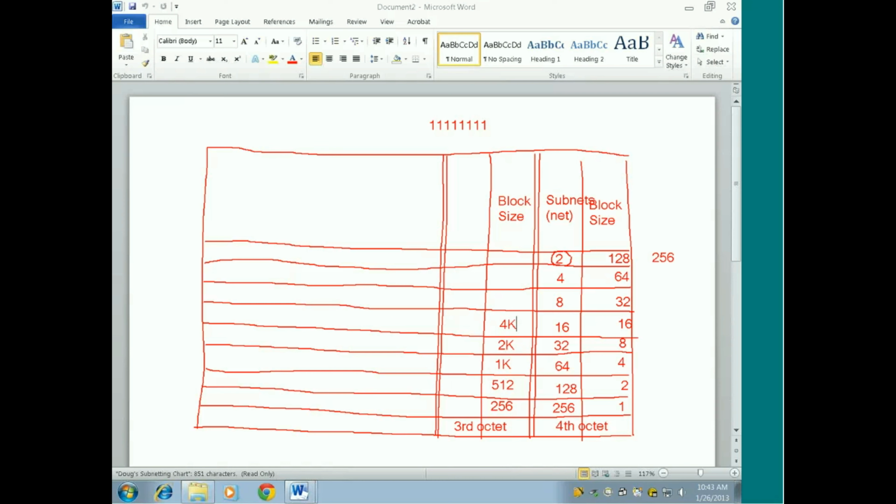What am I creating here? My powers of 2, because I'm doubling. Yes? What's 32K, approximately, in powers of 2? 2 to the what? Nope, 15th. That's why I told you you had to go up to that on the Cisco exam, okay? That's the largest block size they'll reference.